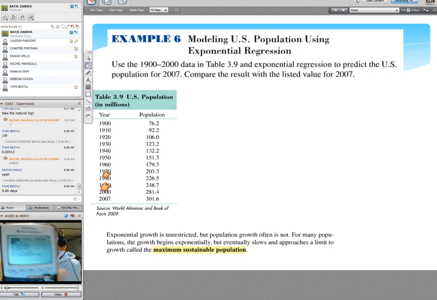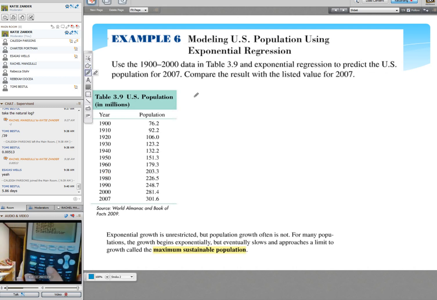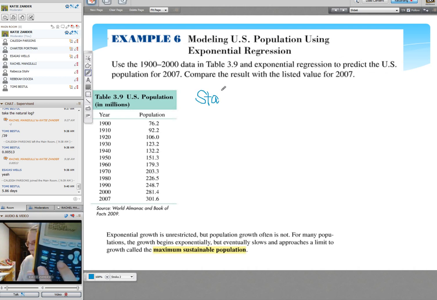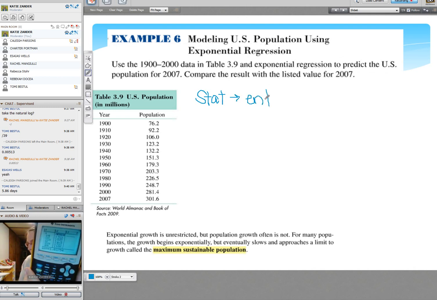I think it's stat first. So hit stat, and I'll write this on the board. And then edit should already be highlighted, so hit enter. And those lists from last time are probably there. So we need to clear out the lists from last time.